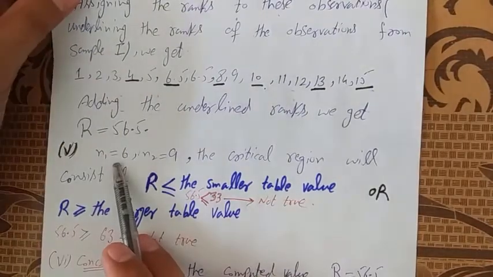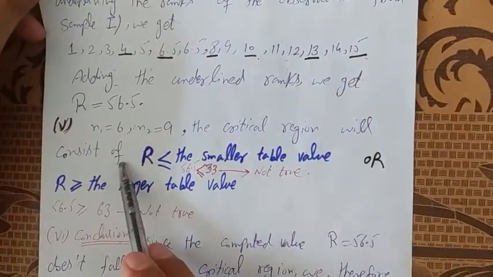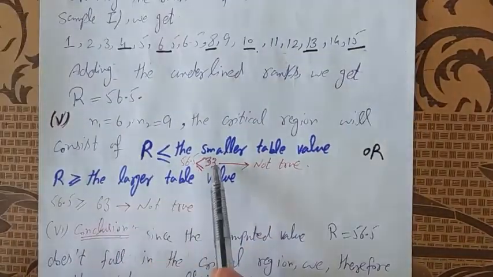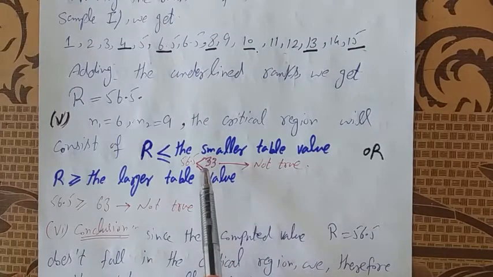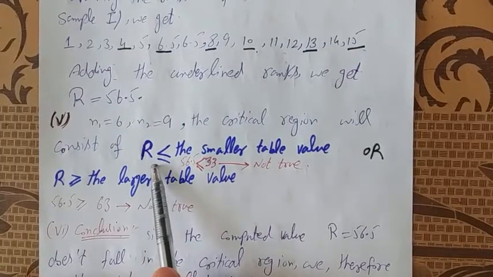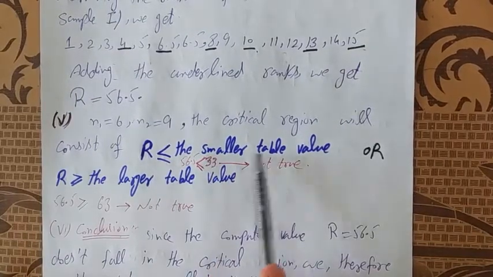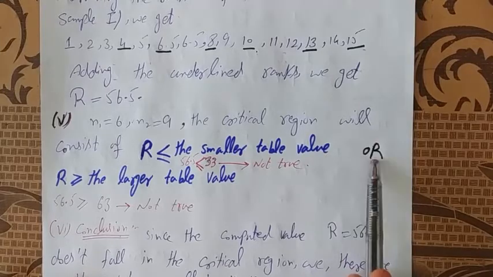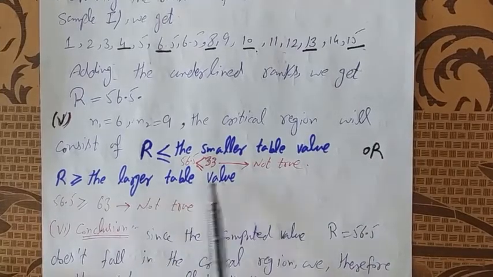The critical region will consist of, students, this is the formula for the critical region for the Wilcoxon rank sum test: capital R less than or equal to the smaller table value, or capital R greater than or equal to the larger table value.